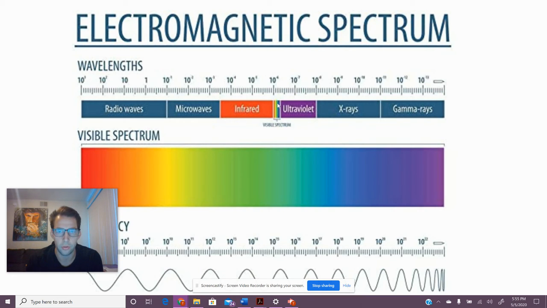And then our little visible light here. And then we have ultraviolet, or above violet, right? Because our last color over here is violet. And then X-rays and gamma rays. So gamma rays are going to have the highest frequency and the most energy. So the higher the frequency, the higher the energy. Radio waves are going to be low frequency and very low energy.